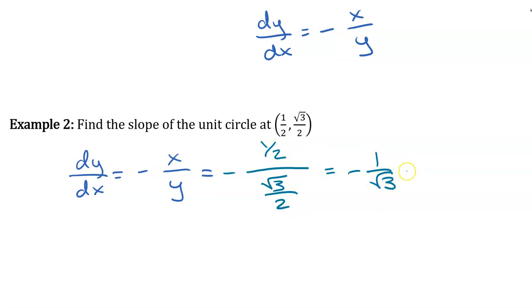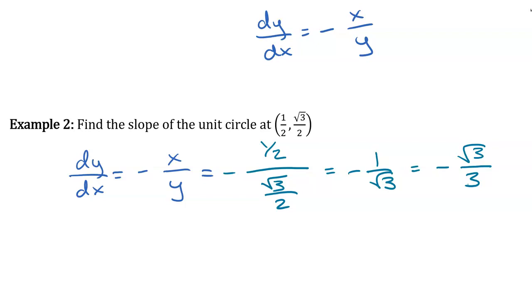And then rationalize the denominator, so we would get negative square root of 3 over 3. Moral of the story being, the slope is the derivative, no matter how long or how much it takes you to get there.